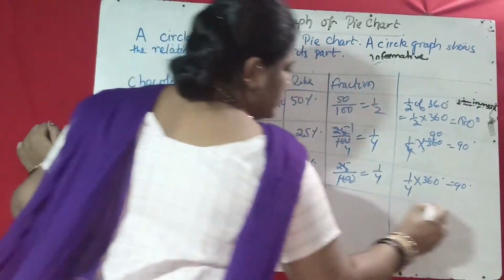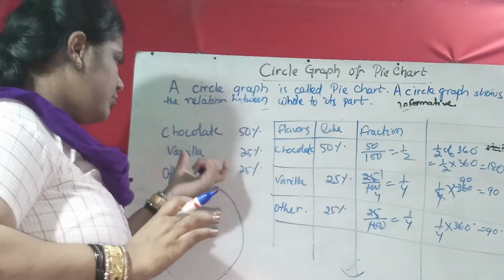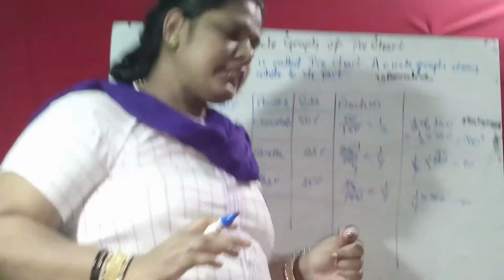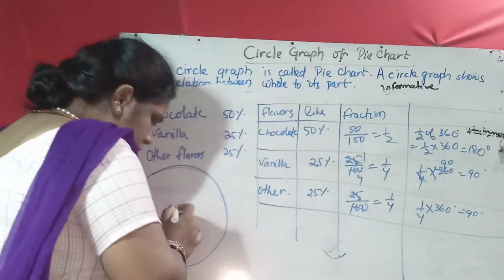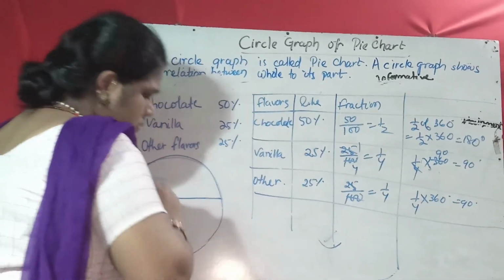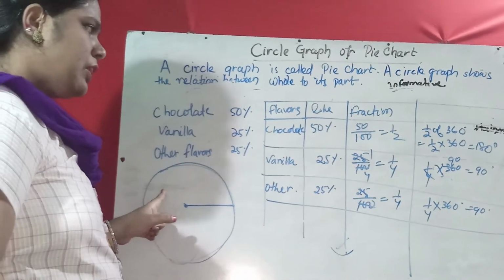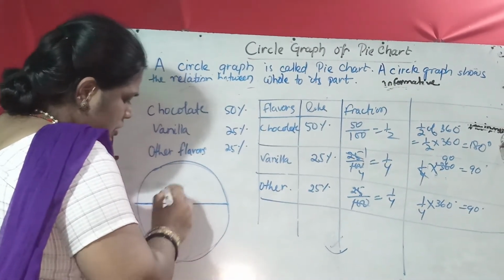Now by using this information, you first make the table. Then how will you draw a pie chart? First you draw a circle with a compass. You get a center and first draw a radius. Suppose this is the radius. Then you draw 180 degrees, so this much you get.